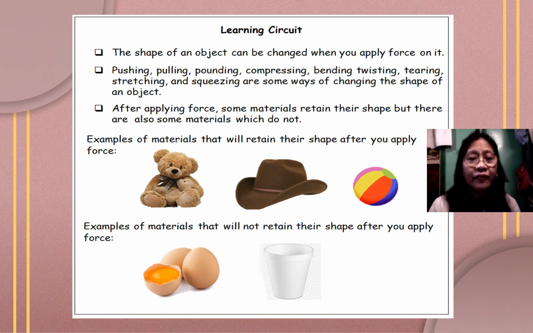After applying force, some materials retain their shape, but there are also some materials which do not. Examples of materials that will retain their shape after you apply force: a teddy bear, a cowboy hat, and a rubber ball.